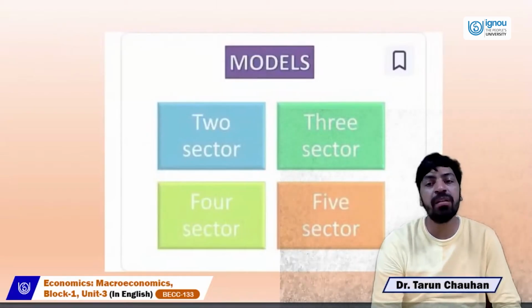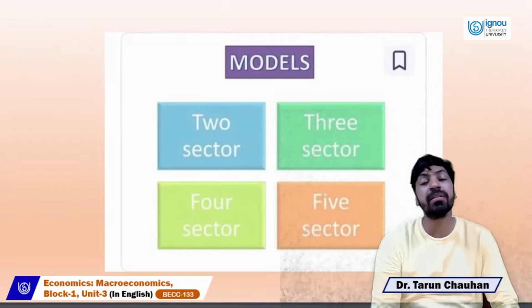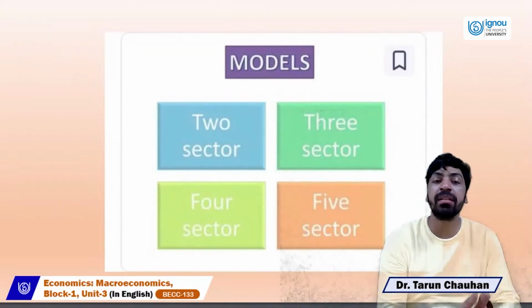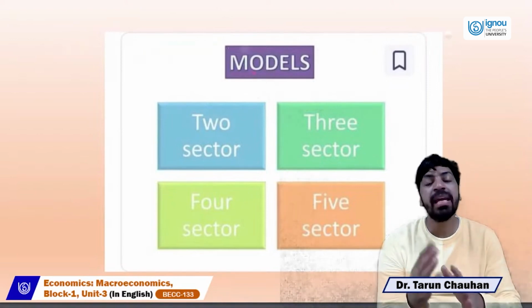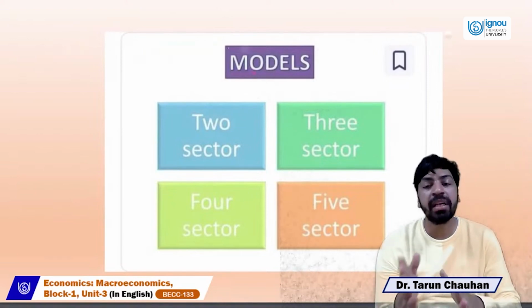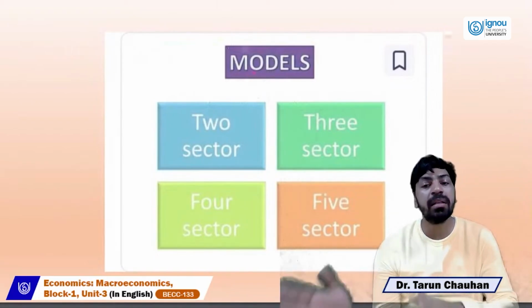There are actually four models. There are the two sector circular flow model and the three sector circular flow model. In the two sector, we are talking about the businesses and the household. In the three sector, we are talking about the household, businesses, and the government.